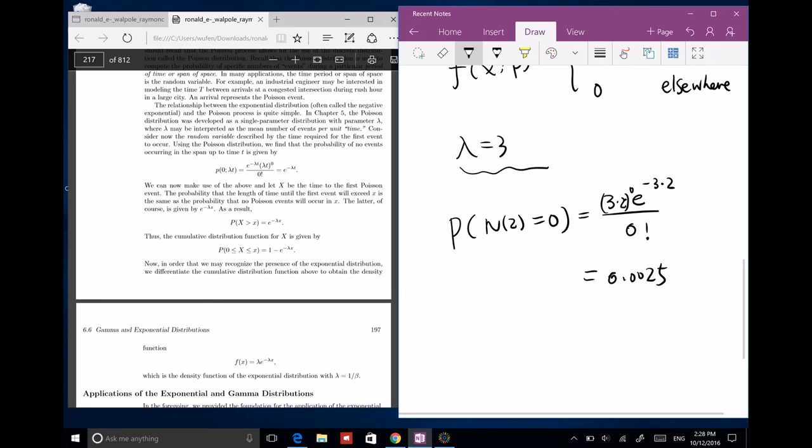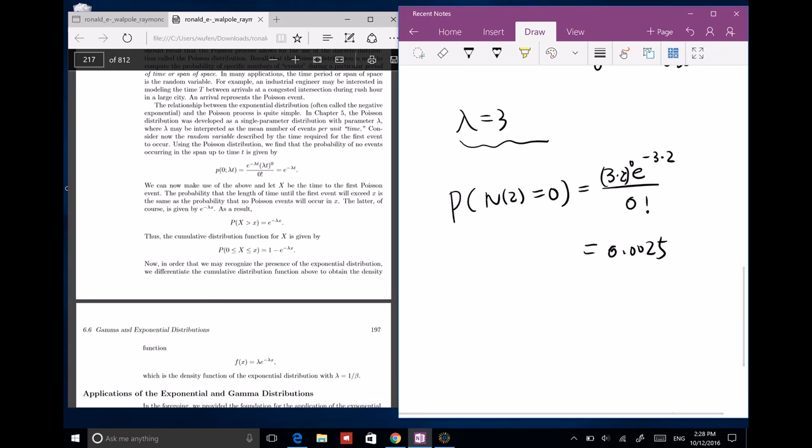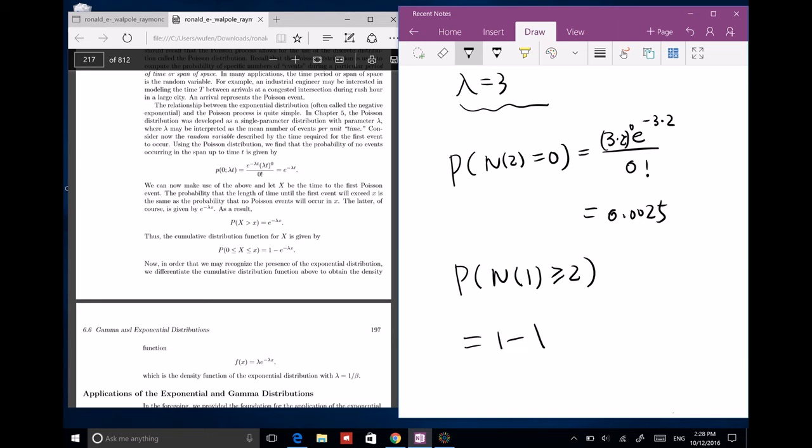Okay, if I ask you, in the next hour, the probability that at least 2 babies are born, it's the probability of n in the next 1 hour bigger than or equal to 2, so it's 1 minus the probability of n in the next 1 hour less than 2, which is 0 or 1 newborn baby.